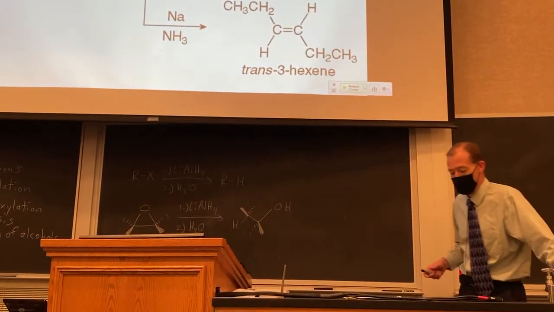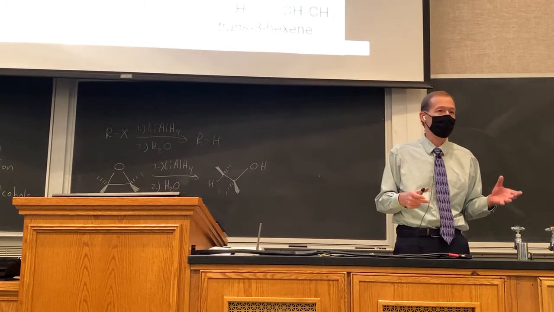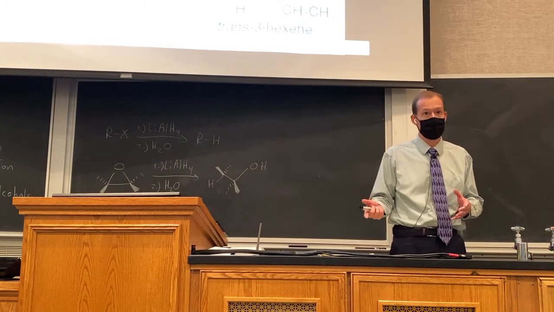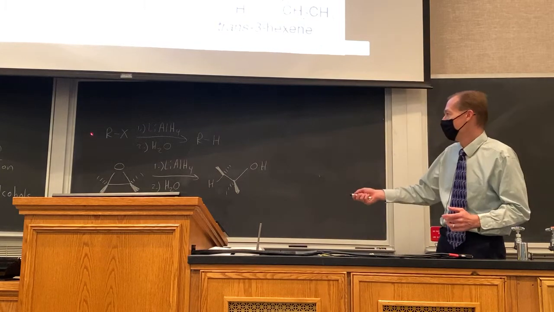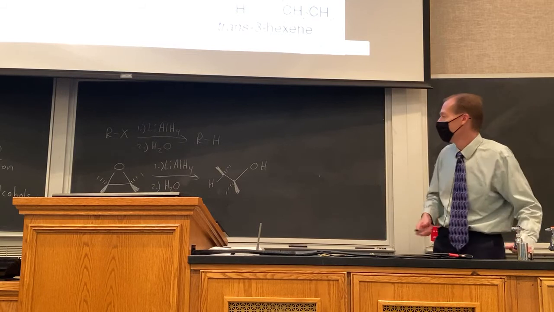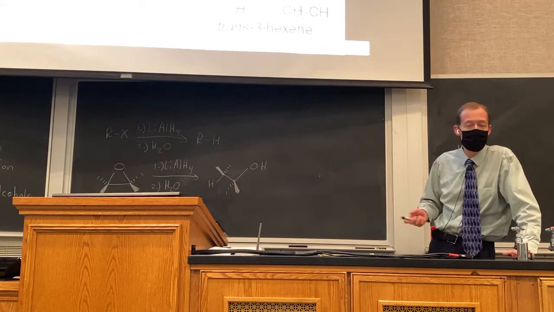So remember that we've defined reduction as the replacement of a carbon-heteroatom bond with a carbon-hydrogen bond. A carbon-halogen bond is a type of carbon-heteroatom bond, and if we replace that with a hydrogen, that's a reduction.